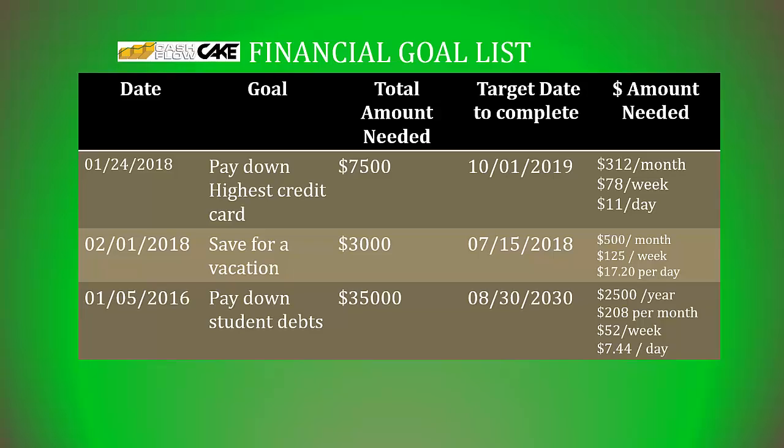So let's say that somebody had $27,870 that they owed, and that included interest and everything, or charges that they may have as well. It would cost them about $232 a month or $52 a week to pay that off in 10 years.